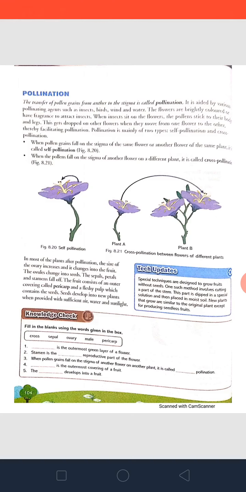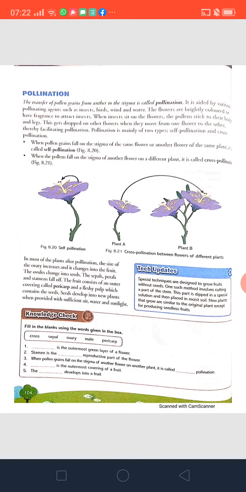The fruit consists of an outer covering that is known as the pericarp, and a fleshy pulp which contains the seed is developed. The seed develops into a new plant. When the seed gets sufficient air, water and sunlight, it develops into a new plant.